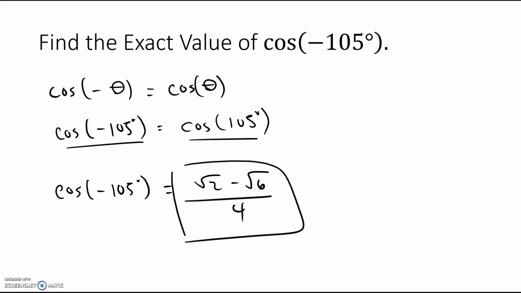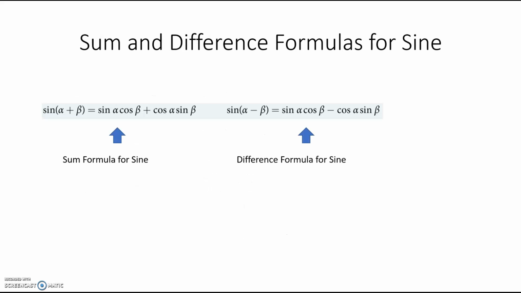And then we'll look at the sum and difference for sine. So if I have sine and two angles being added together, it's going to be sine of the first angle times cosine of the second plus cosine of the first times sine of the second. But if I have two angles being subtracted from one another, I'll have sine of the first times cosine of the second minus cosine of the first times sine of the second angle.